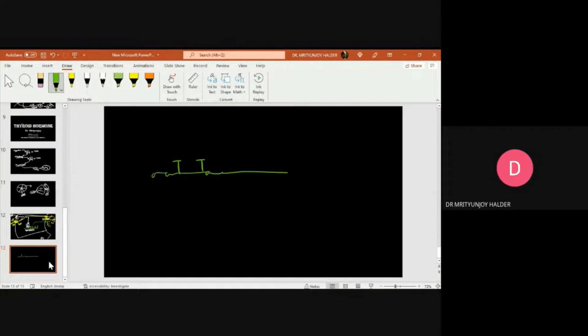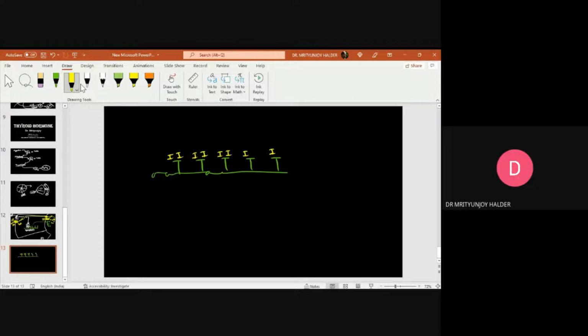Suppose this is one thyroglobulin molecule, and iodine comes and binds with this tyrosine amino acid, or tyrosine residue, present in the thyroglobulin molecule.